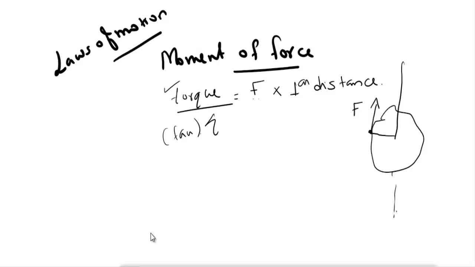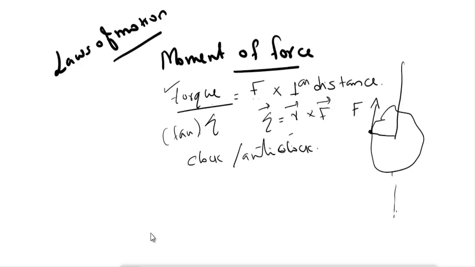Torque will act in the clockwise or anti-clockwise direction depending on the direction of the applied force. We can use the screw rule for finding the torque, or we can use the cross product, R cross F. Torque is a vector quantity, so it is represented as a cross product.